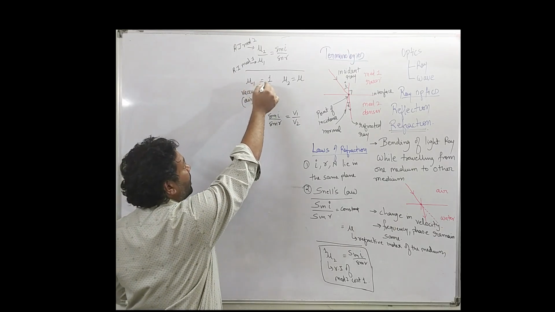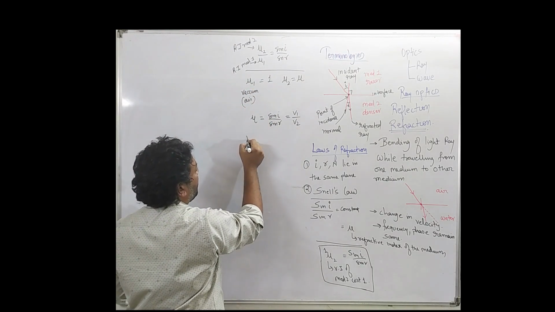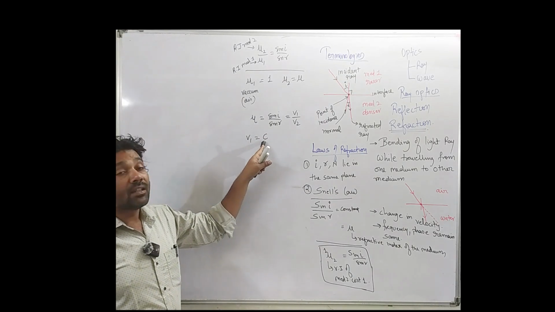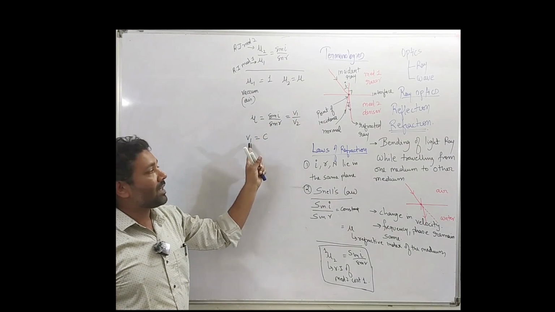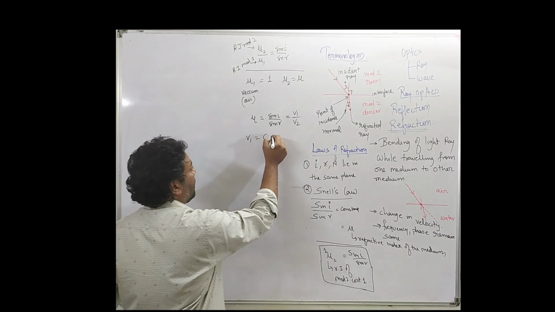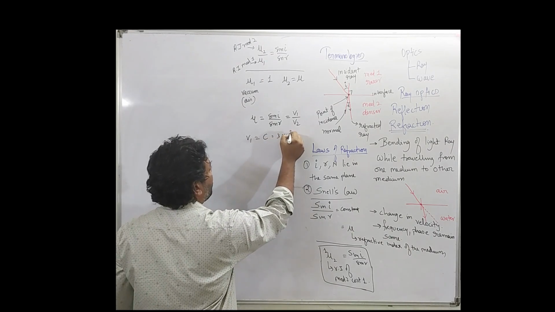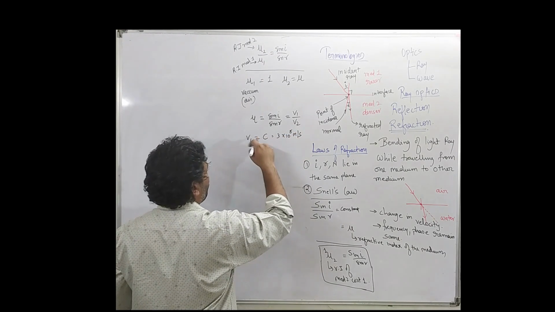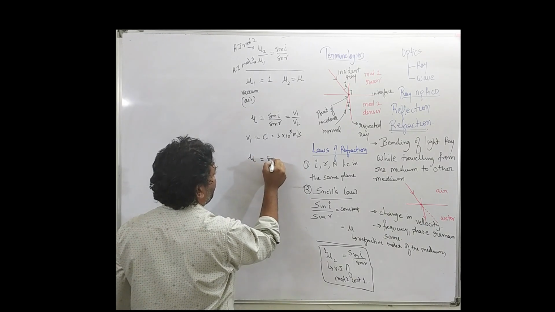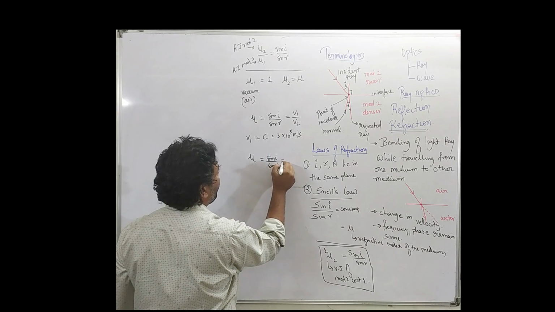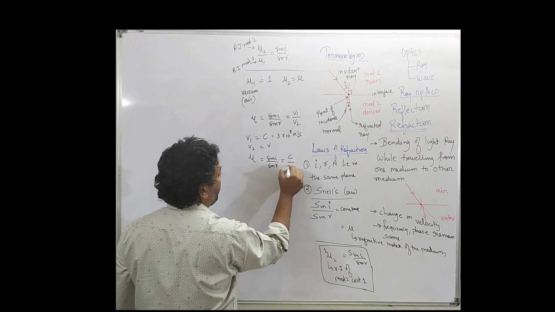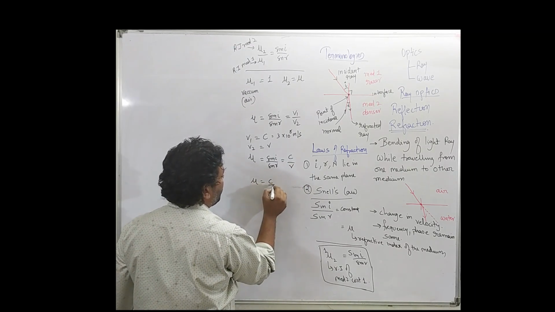We have taken mu 1 as 1, so for sure the velocity in the first medium will be equal to the velocity in air or vacuum, which we know is a constant, 3 into 10 to the power 8 meters per second. So substituting, we get c, and v2 we substitute as v. So mu equals c by v.